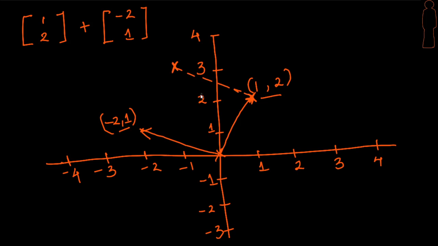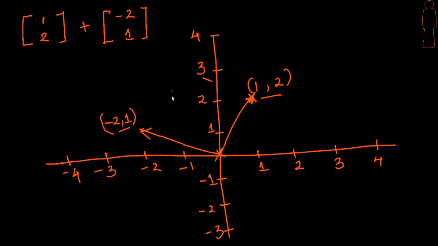So if I walk parallel to (-2, 1), I would reach this point, and this happens to be (-1, 3). If you use a graph sheet and try to plot it, you will clearly get the answer saying that it is (-1, 3).